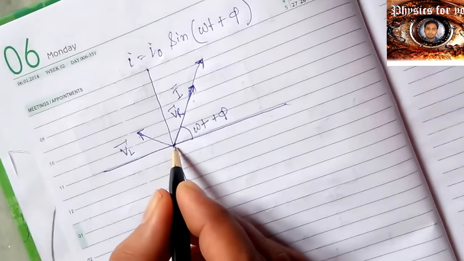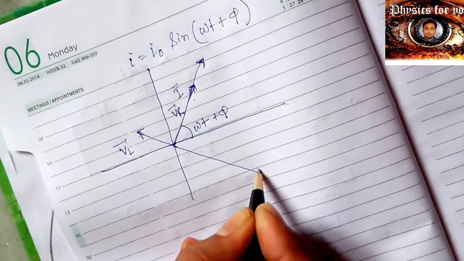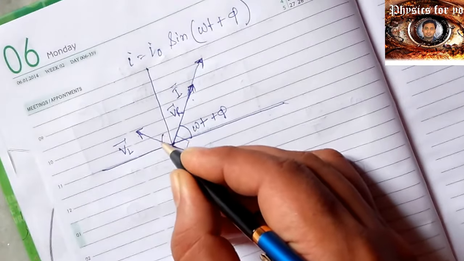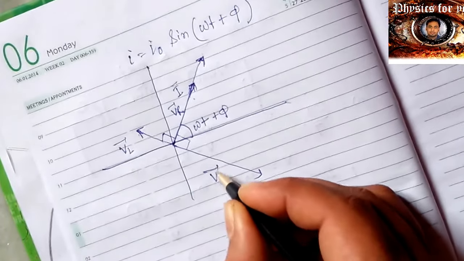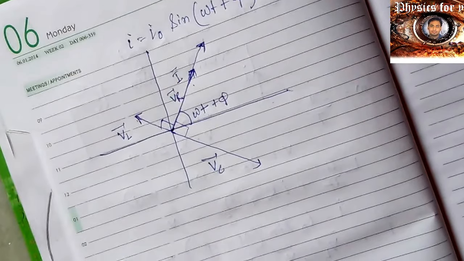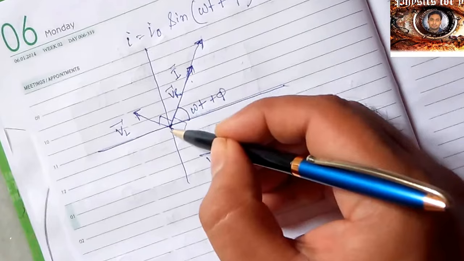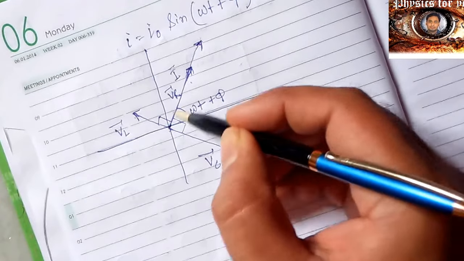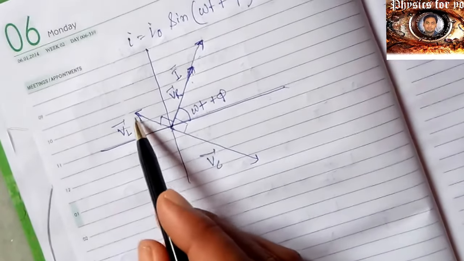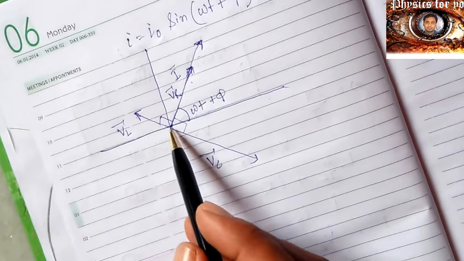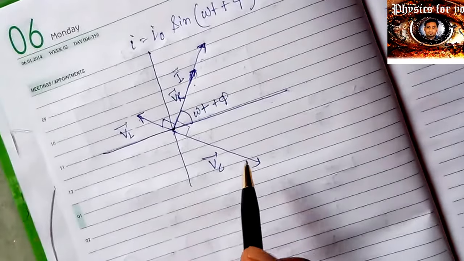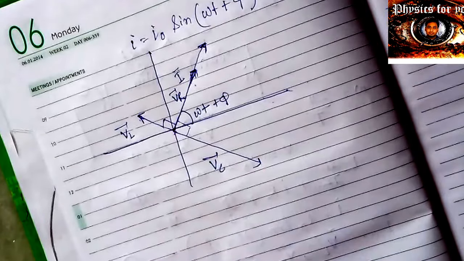So this is pi by 2, this is pi by 2, and this is VC. This is the amplitude of current, I0, and this is the peak value of the voltage across the resistance. This is the peak value of voltage across the inductor, and this length gives the peak value of voltage across the capacitor.